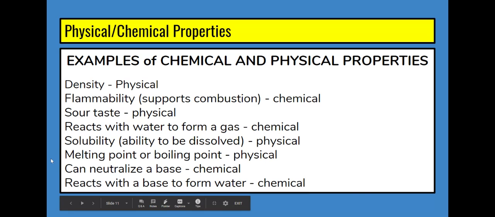Melting or boiling point is physical. Neutralizing a base. Now, you may or may not know what this means yet, but essentially you can balance out the pH levels of certain materials, and neutralizing a base is itself a chemical property. And then reacting with a base to form water is also chemical.